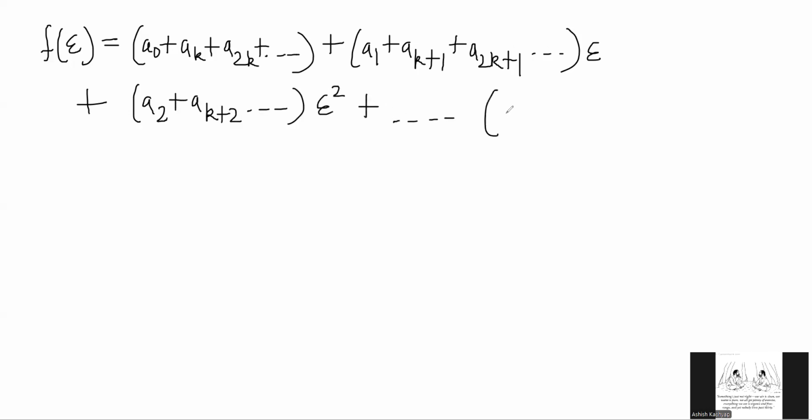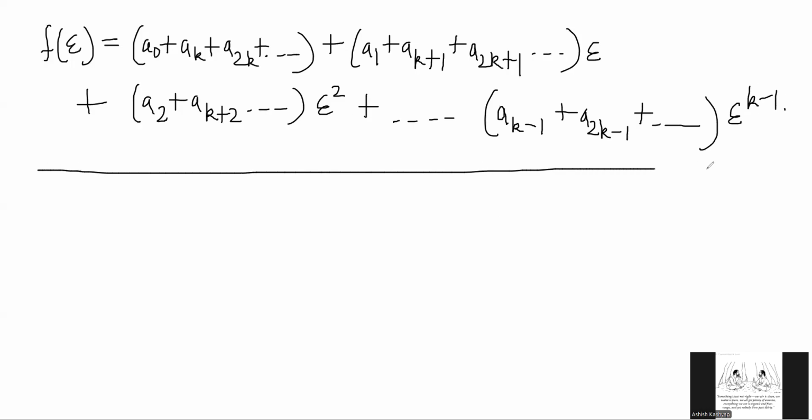And I can group all the terms like this, ak minus 1, a2k minus 1, and so on. And this is epsilon power k minus 1. Do you understand what I have done so far?